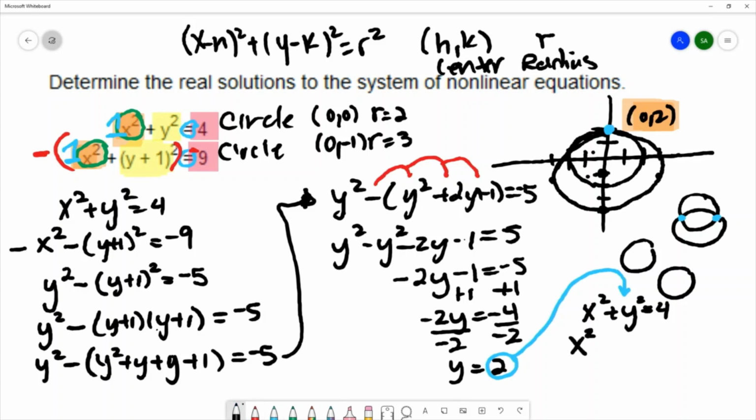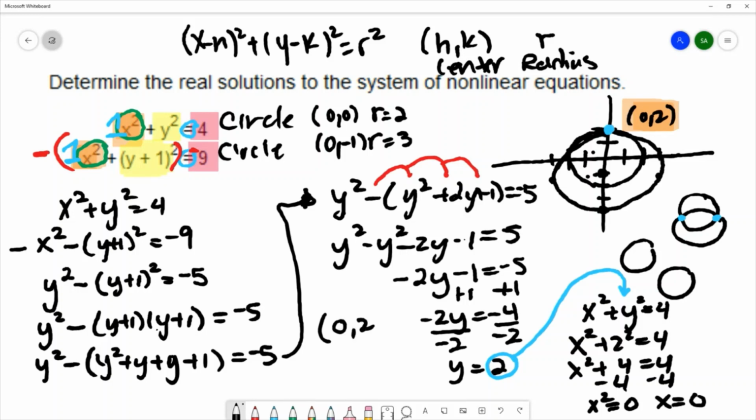That's x squared plus 2 squared equals 4. x squared plus 4 equals 4. And I subtract 4 from each side. I have x squared equals 0. And when we square root both sides, we'll get the solution of x equals 0. So the solution to this system is the ordered pair (0, 2).